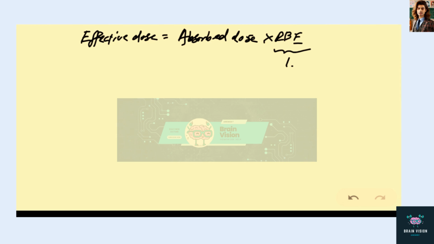So 1 REM would be equivalent to 1 rad. So the absorbed dose is equal to 1 rad, or you can leave it in terms of grays, where we divide this by 100, and this would be 0.01 grays.